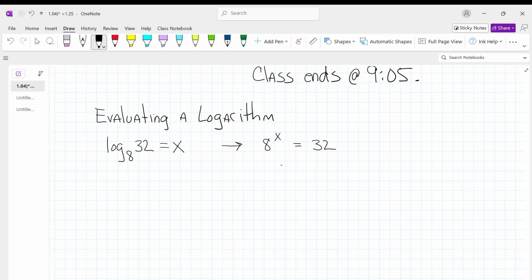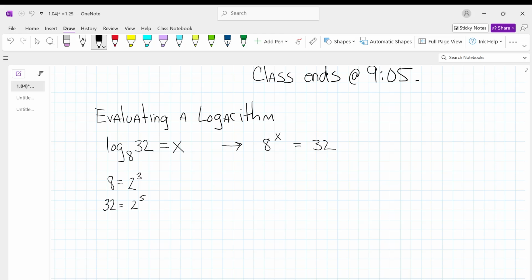What I mean by that is that 8 is equal to 2 to the third. Agreed? And 32 is equal to 2 raised to the fifth.